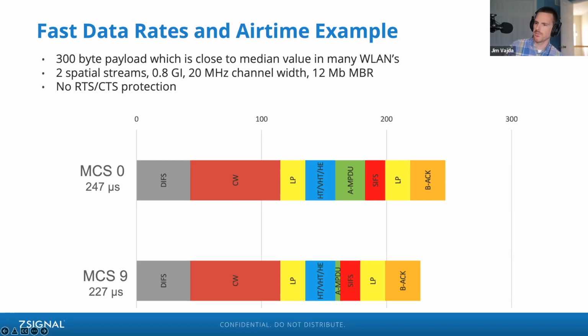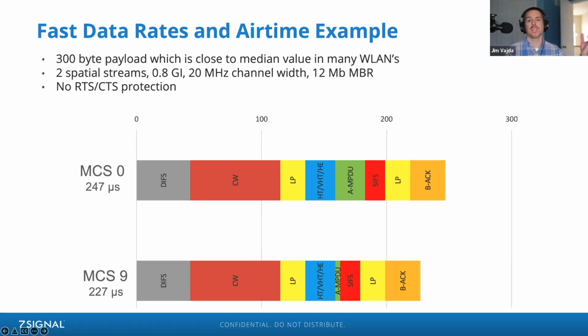And they're just sending 1 packet, so no RTS, CTS protection necessary. At MCS 0, which is the slowest most clients will go, transmitting that frame takes 247 microseconds.